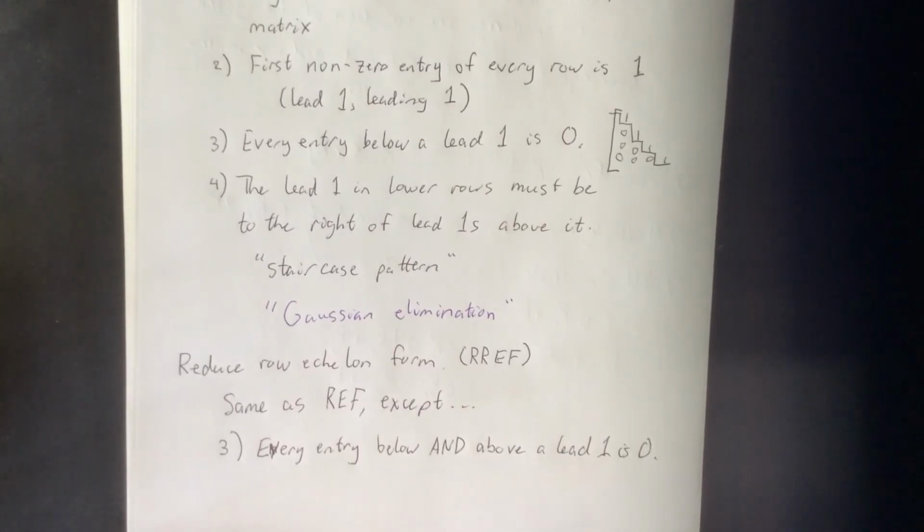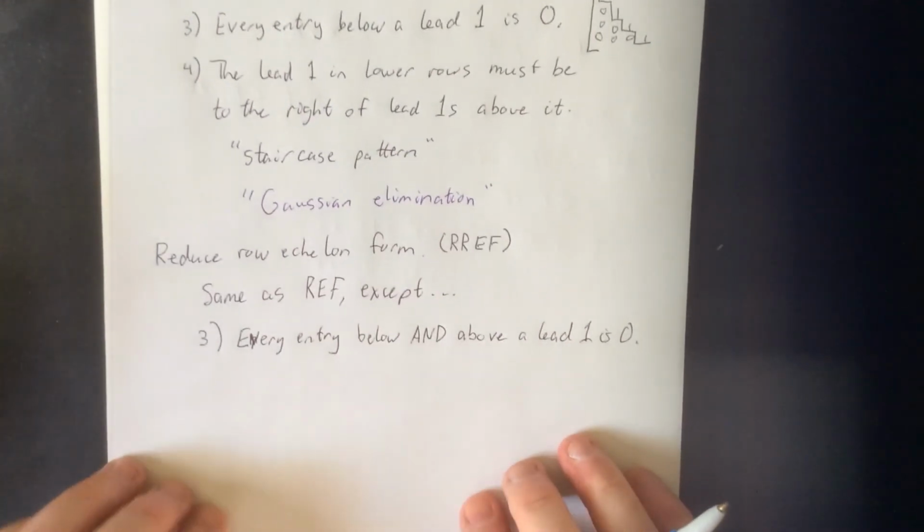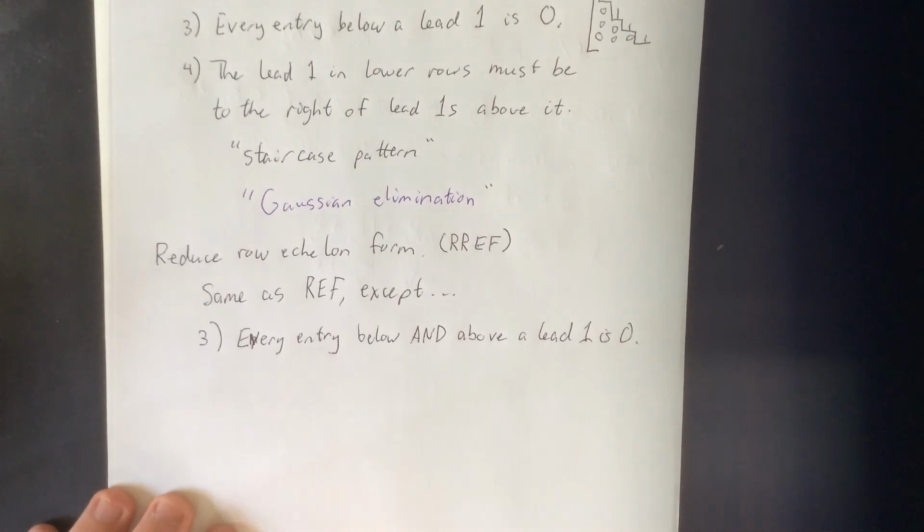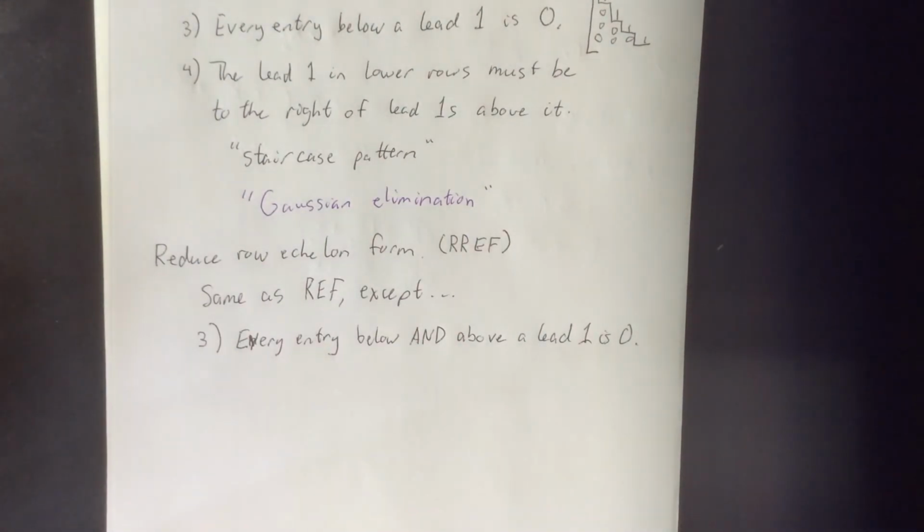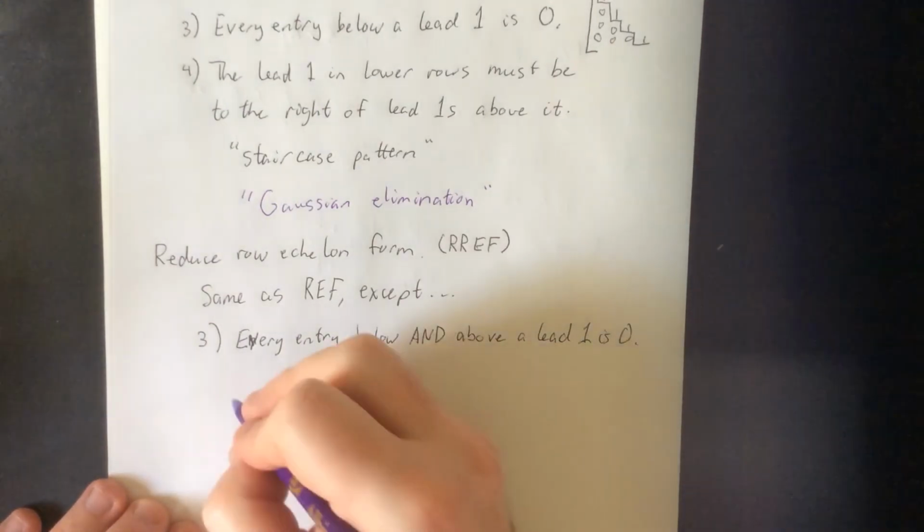Every entry below and above a lead 1 is 0. Now, it still lends itself to a staircase pattern, but the staircase pattern will be both above and below those ones.